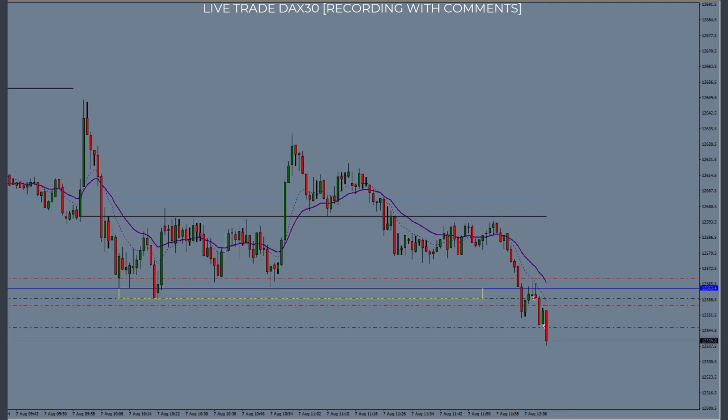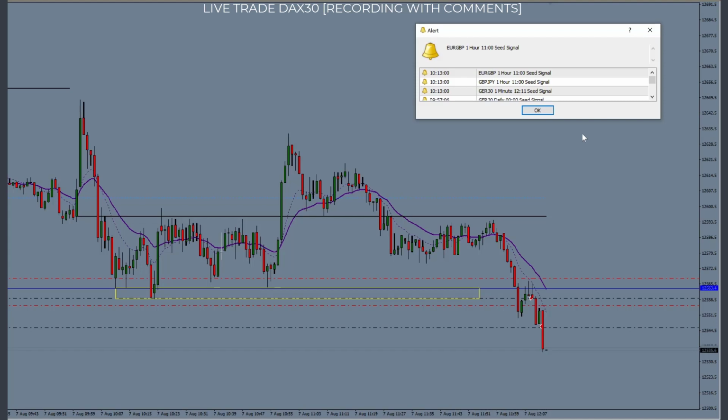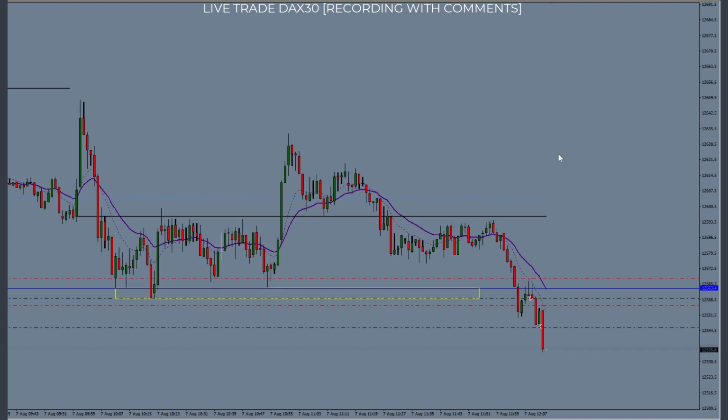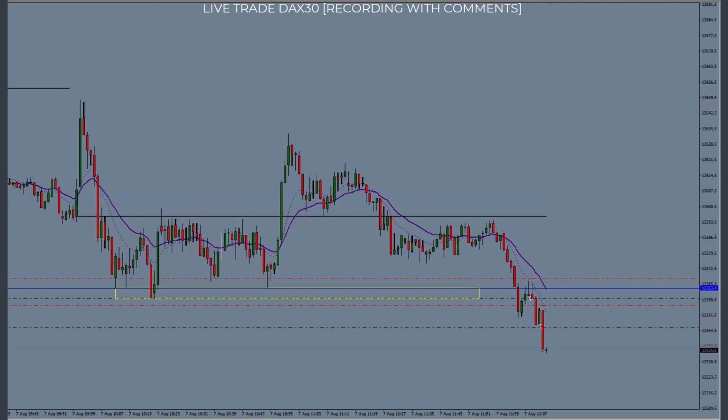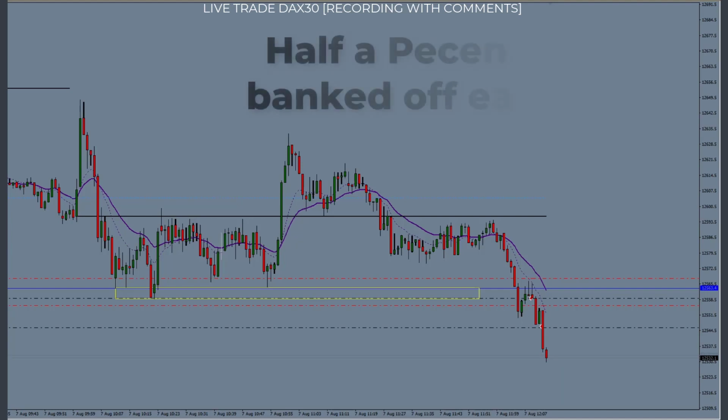It will do that for us. Okay, there we go. We have the second entry as break even as well. So this is looking pretty good now. We are right now banked with 1% and 1% running profit.